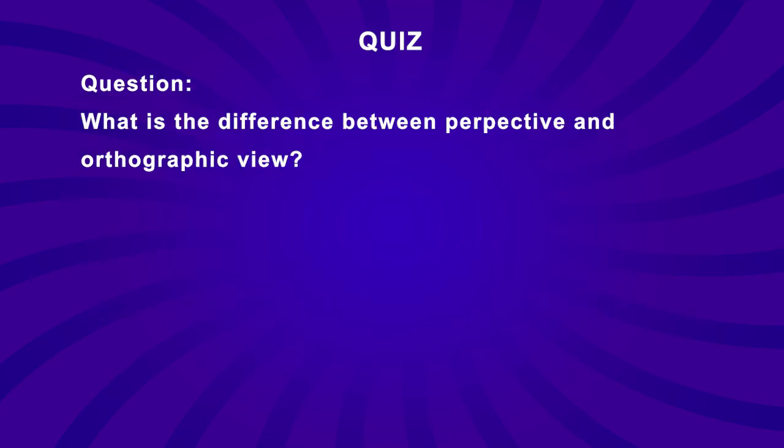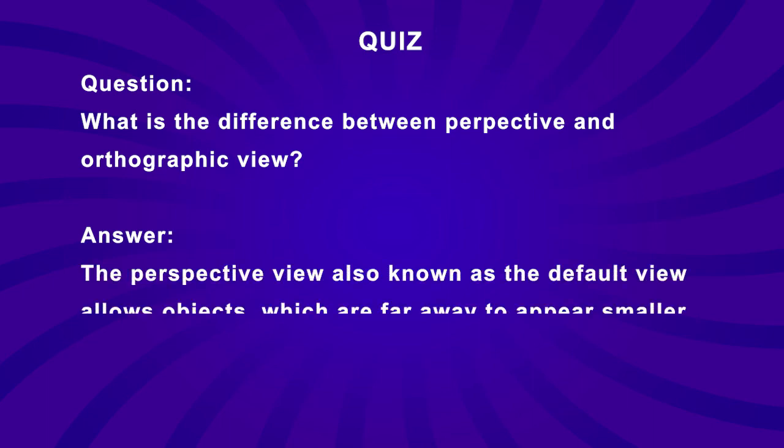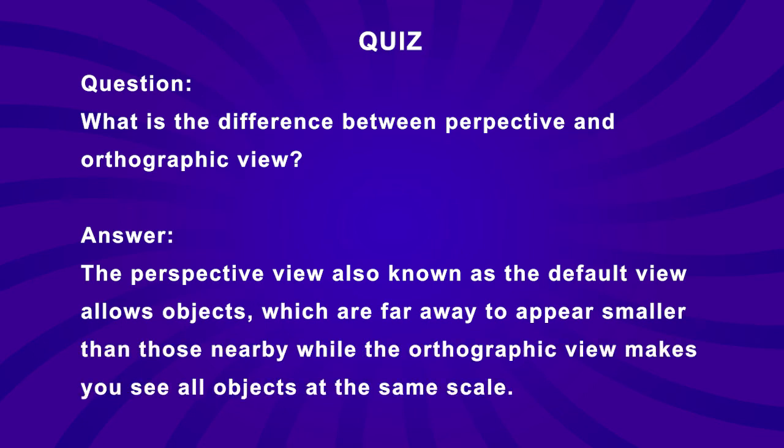The answer to question 2. What is the difference between perspective view and the orthographic view? The difference between the perspective view and the orthographic view is the perspective view allows an object which is far away to appear smaller than those objects that are nearby, while the orthographic view makes you see all objects at the same scale.